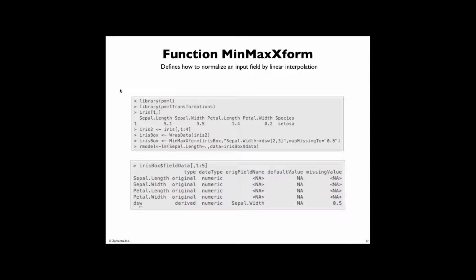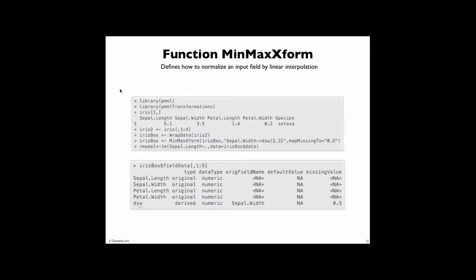There's an attribute called field data, which has information on the variables. That's shown in the next box. So the transformation object iris box has field data. I show some of them. So you can see the input variables, sepal length, sepal width, petal length, petal width, and you can see the way we store the information. The data type is the original data.